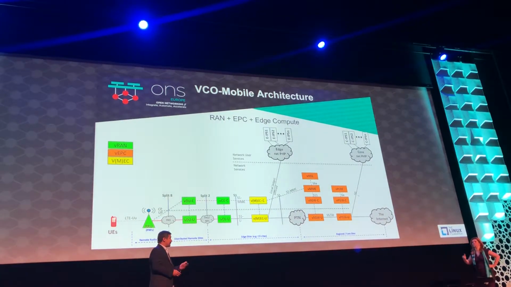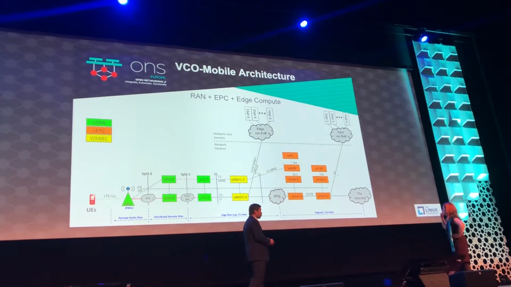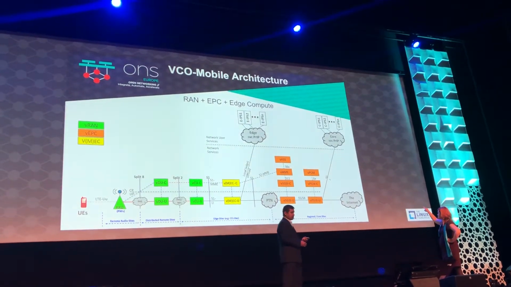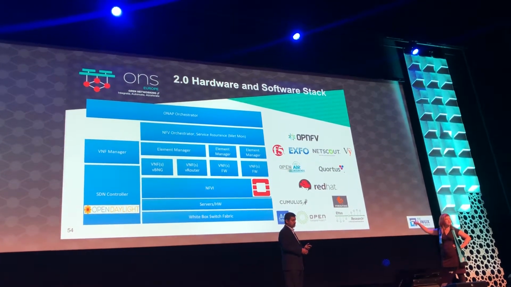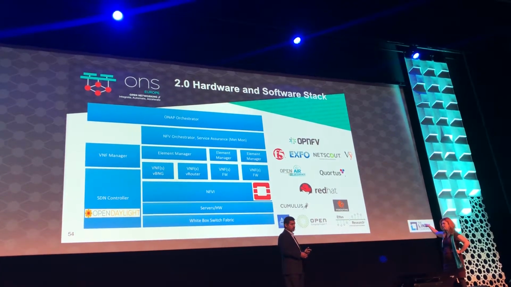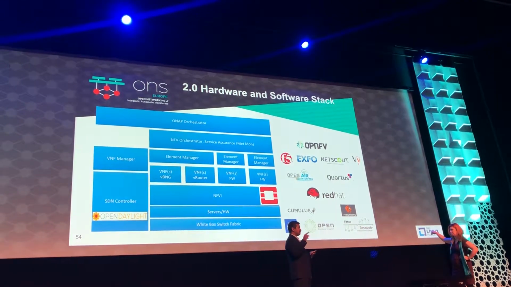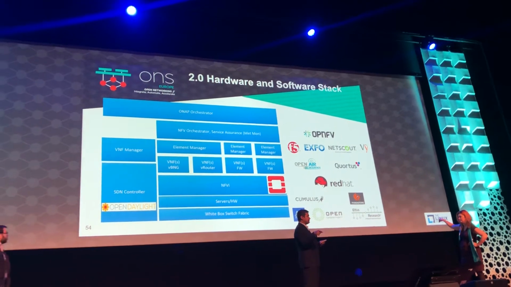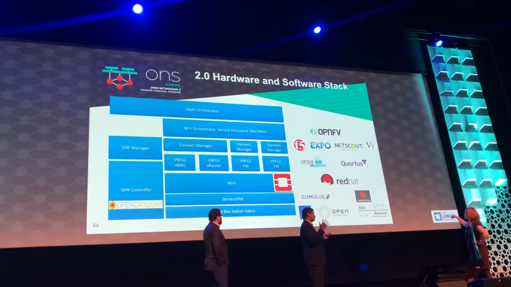Actually, do you mind if I, hold on one second, Brandon? Going back to look at this slide, we've actually got free range routing here, and we don't have them on the community slide at the end. Did we actually use stuff from them? Should they be on the community? So Cumulus is actually the primary maintainers of free range routing. Okay. So we can either take that thing off, or we can leave it there.